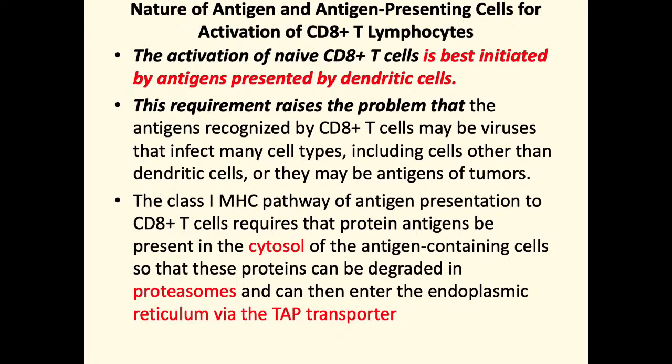Now the main cell is the dendritic cell, and after recognition of antigen by the dendritic cell, it will produce the peptides, which are actually antigens, and present them on MHC1. MHC1 is recognized by the CD8 T cell, and MHC2 is for the CD4 T cell.